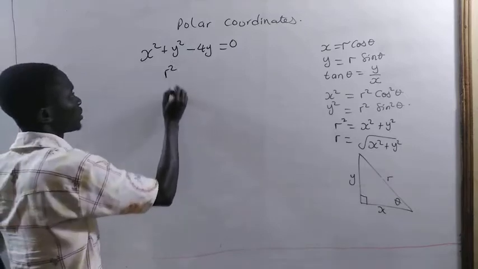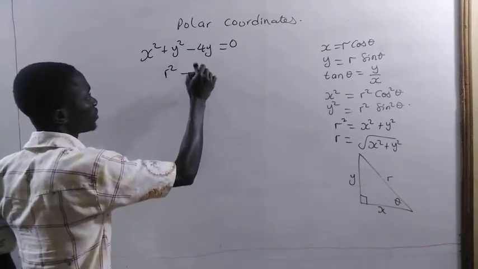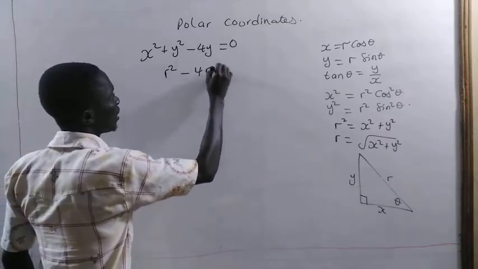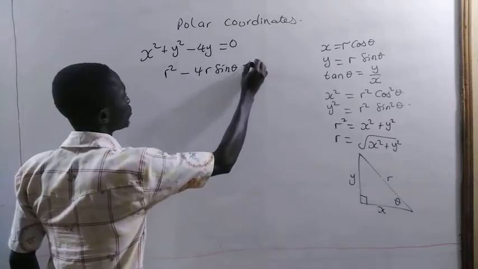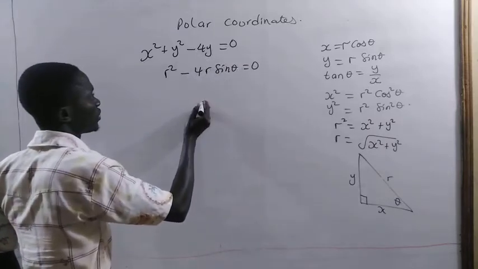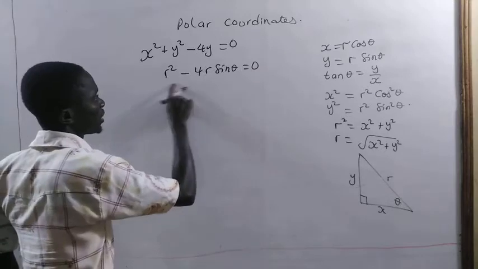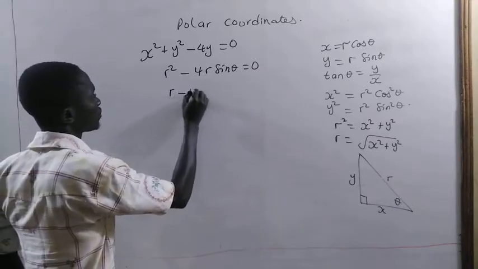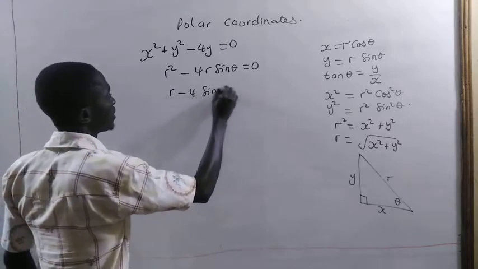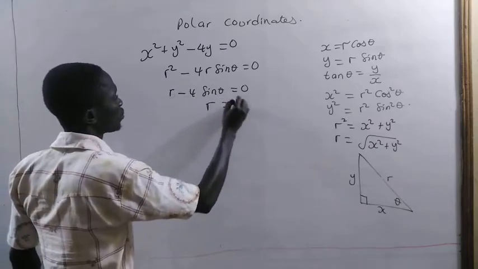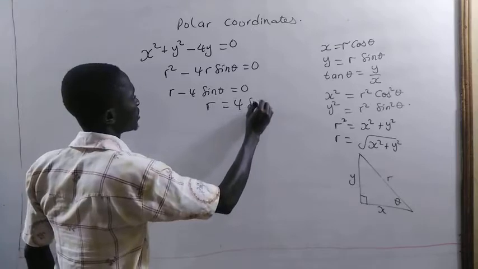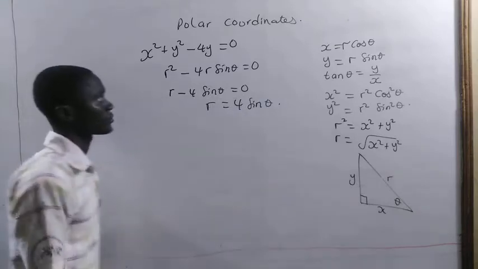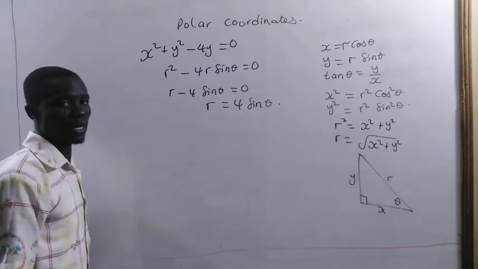So we put r squared there, minus 4 times y, which is r sine of theta, equal to 0. Here you can divide through by r. So you are going to have r minus 4 sine of theta equal to 0. So you have r equal to 4 sine of theta. Very, very simple as that.